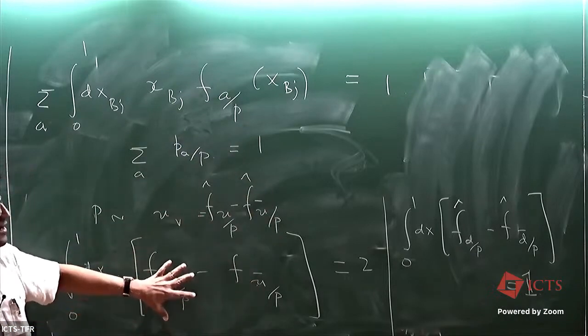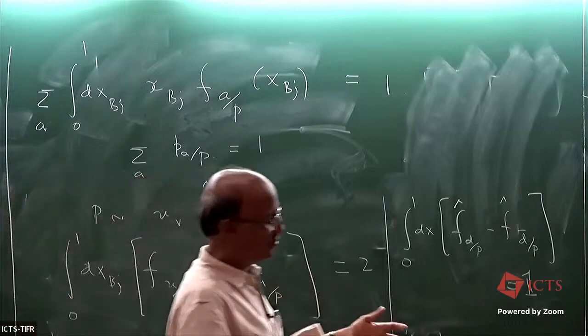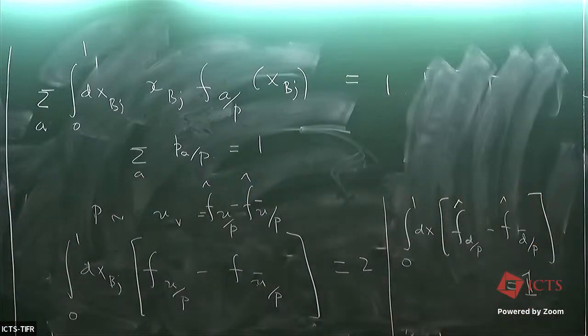Sum rules are basically rules that we obtain by using some model for the proton. If the proton is a collection of the types of particles that we talked about, 2 valence U quarks and 1 valence D quark, then that's the proton, and for the neutron you have something like that as well.